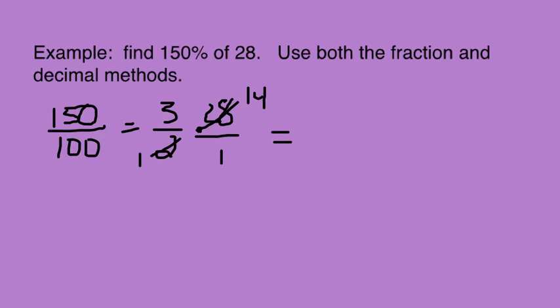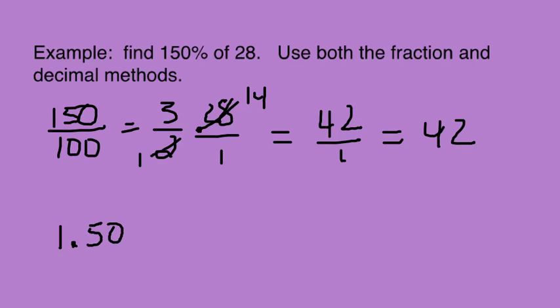I will multiply across. 3 times 14 is 42 over 1, or my answer is 42. Is 42 larger than 28? Absolutely. Is 150% larger than 100%? Yes. And remember our decimal, 1.5, by moving the decimal 2 places to the left. I'm going to take 1.5 times 28 on my calculator, and I will also get 42.